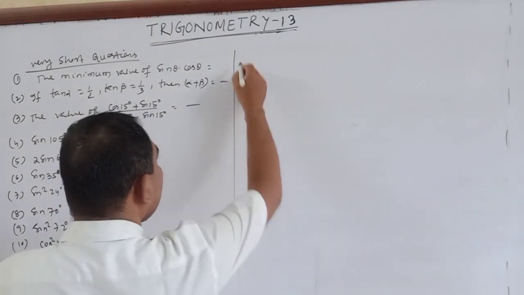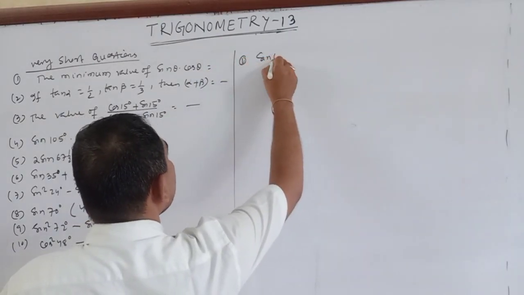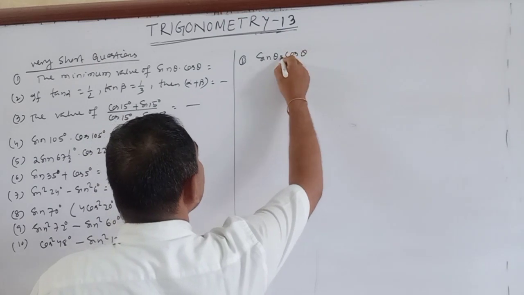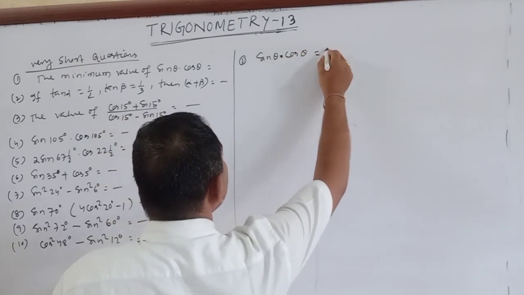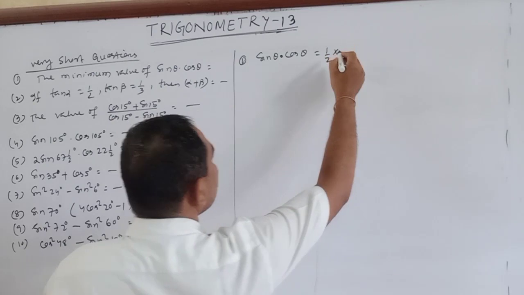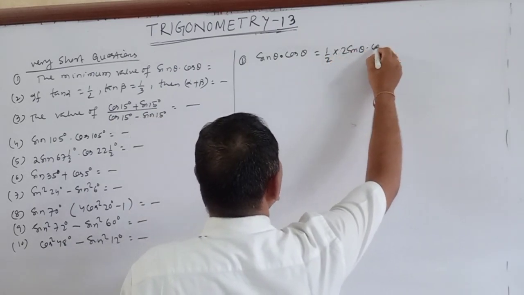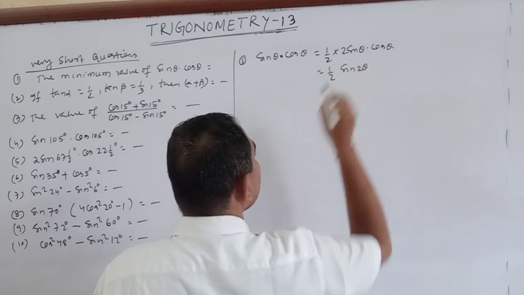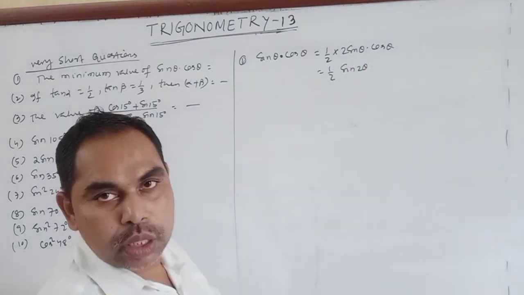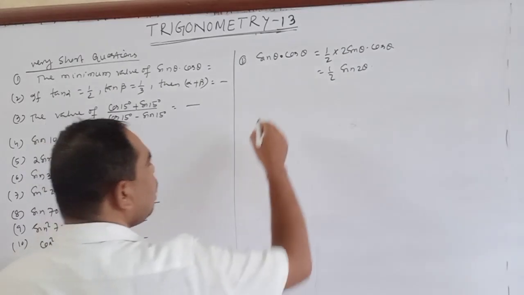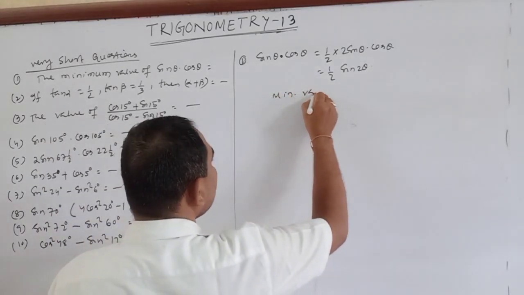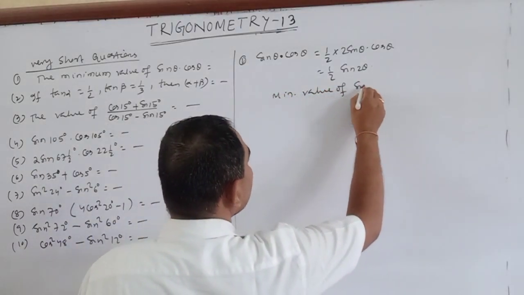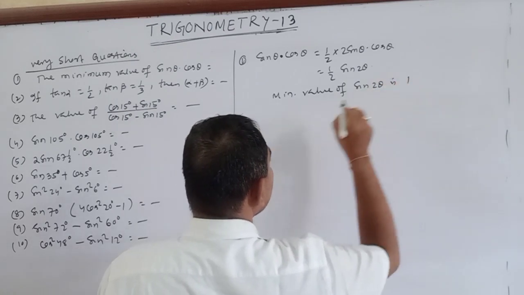Sin theta into cos theta is equal to, multiply and divide by 2, 2 sin theta cos theta by 2. So it is equal to 1 by 2 sin 2 theta. So the minimum value of sin 2 theta is 1.